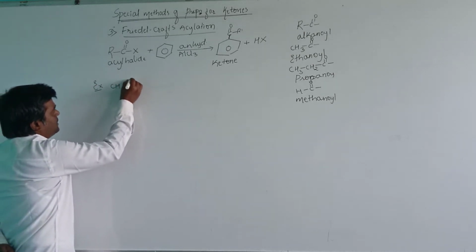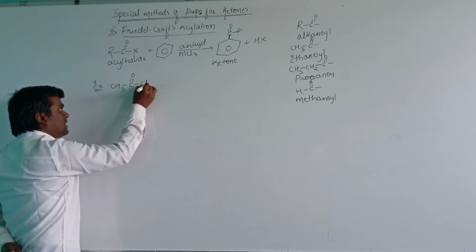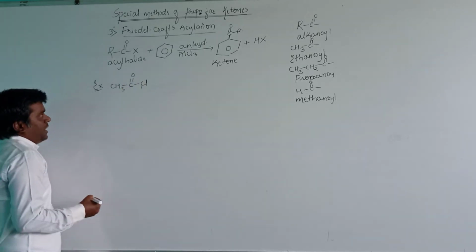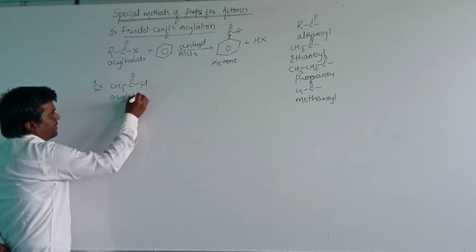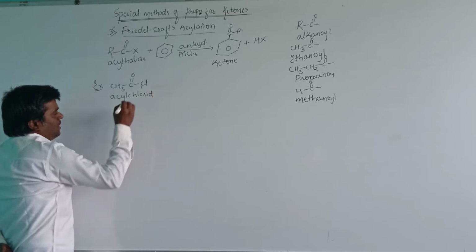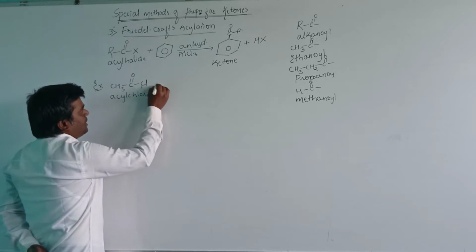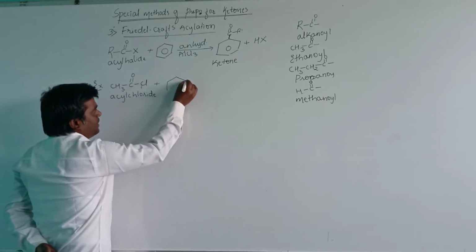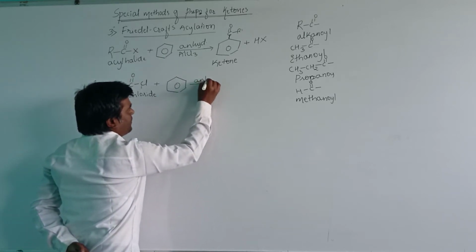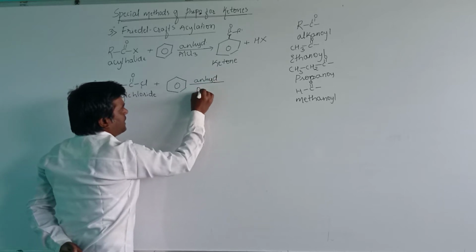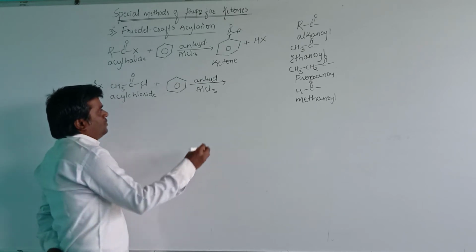In that, we can take the example CH3 C double bond O X. In the place of X, we can take Cl, that is chloride. This compound is known as an acyl chloride, and the IUPAC name is ethanoyl chloride. When this ethanoyl chloride reacts with benzene in the presence of anhydrous AlCl3 or FeCl3, it gives a ketone.